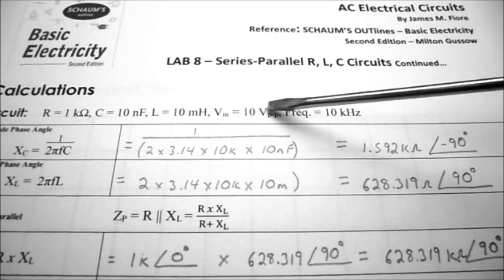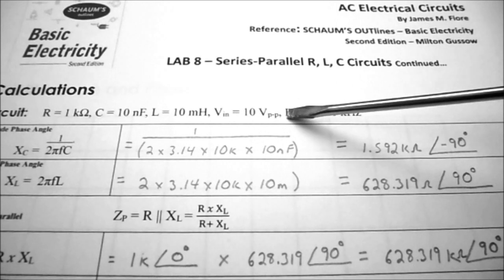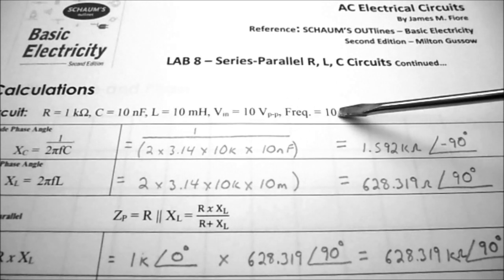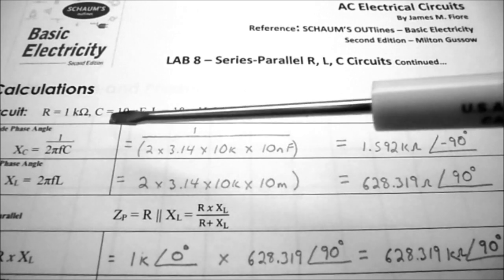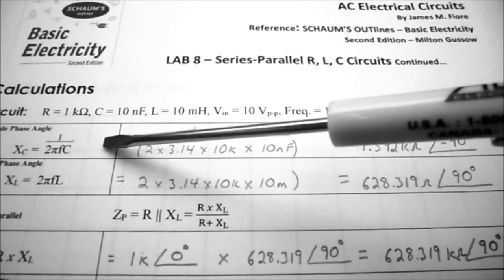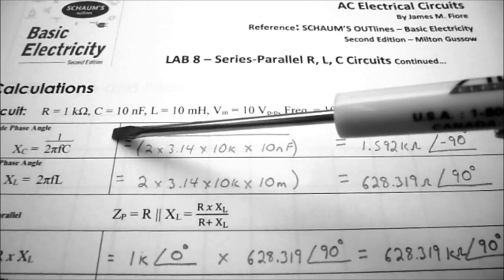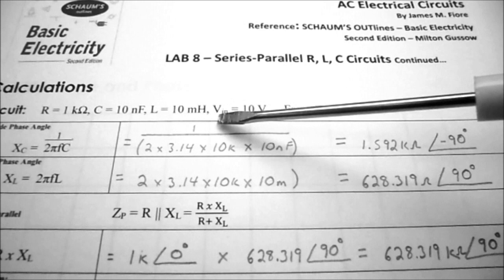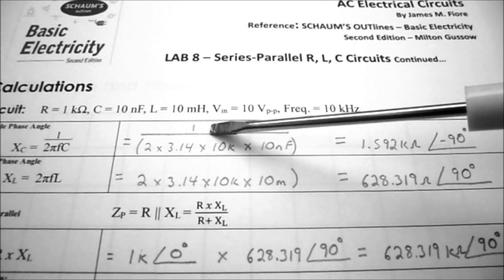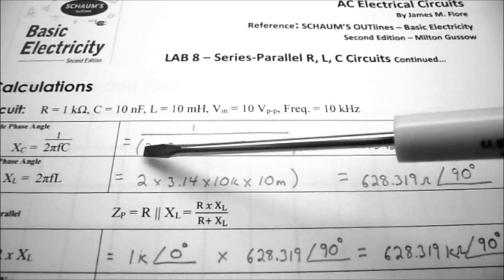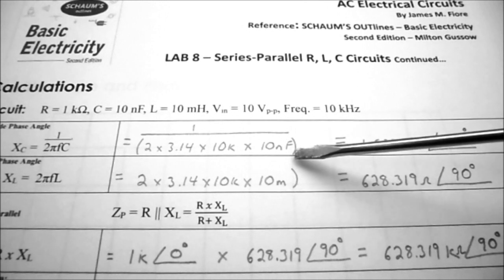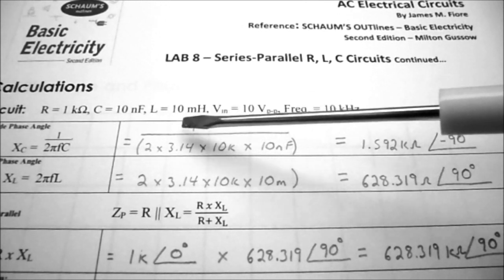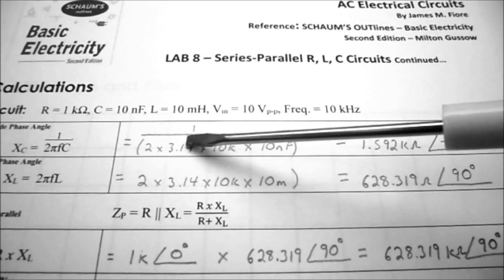V in is going to be 10 volts peak to peak, and our frequency is going to be 10 kilohertz. So our first formula is for XC, which is equal to 1 over 2 pi FC. So that's going to be equal to 1 over, and I've put brackets around the entire thing, so if you're putting it in your calculator, you don't end up with 1/2 times pi.